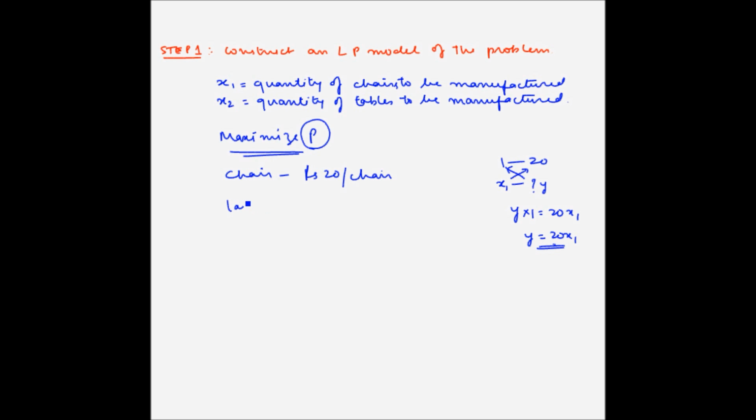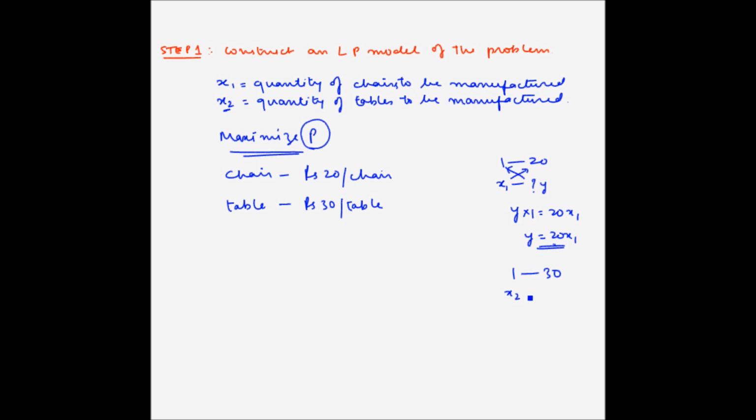Similarly for tables, each table is expected to give a profit of rupees 30. So for one table the profit is rupees 30. Now we have taken the quantity of tables as X2.